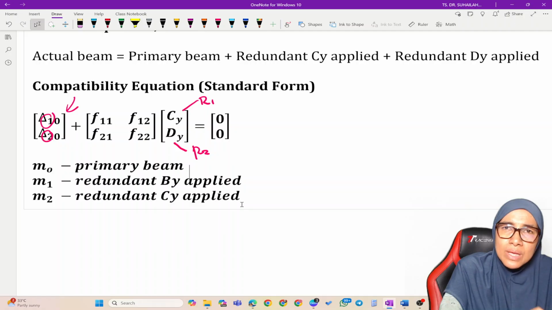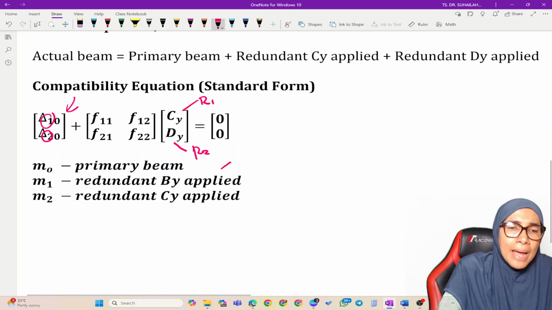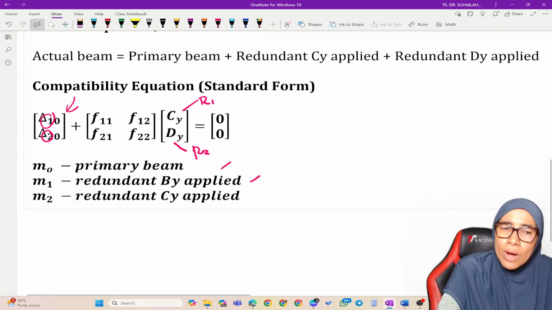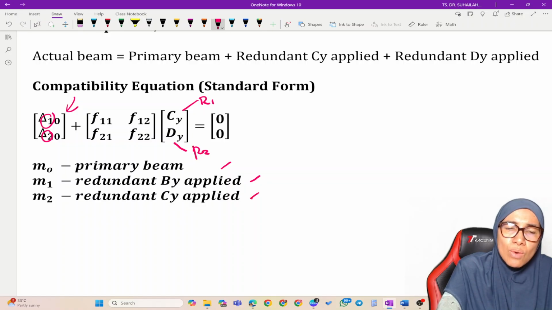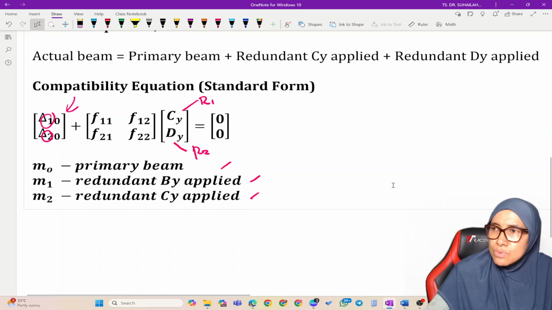So we should understand that we will have to analyze moment equation. From three systems, we will label as M0 for primary beam, M1 for redundant 1, redundant CY applied, and M2 for redundant 2, redundant DY applied. So there are three systems to be analyzed.